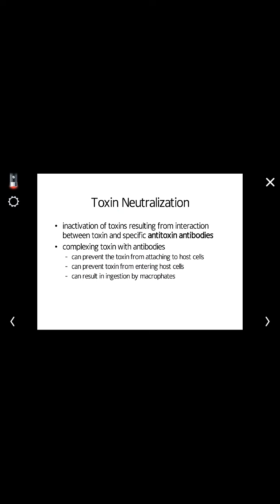Toxin neutralization: inactivation of toxins resulting from interactions between toxin and specific antitoxin antibodies. So these antitoxin antibodies actually inactivate the toxins of the invading bacteria by surrounding them and keeping these toxins from being released.